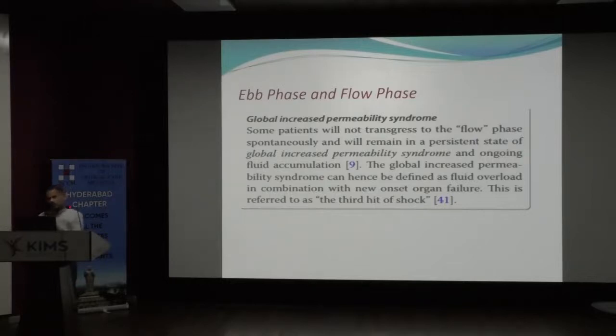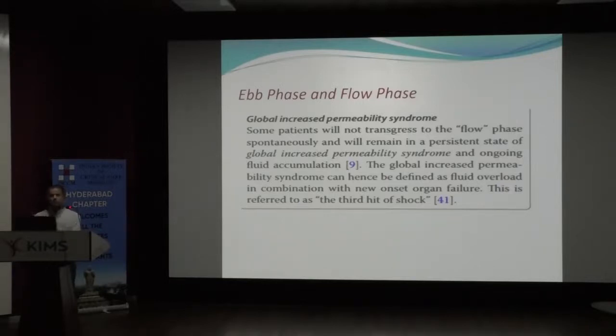And with proper treatment, aggressive antibiotic therapy, removal of the source of sepsis or addressing the insult, most patients from the ebb phase enter into the flow phase. That is, automatically the conservation of fluid happens and the removal of the fluid happens. But in some patients, they don't enter into the flow phase.